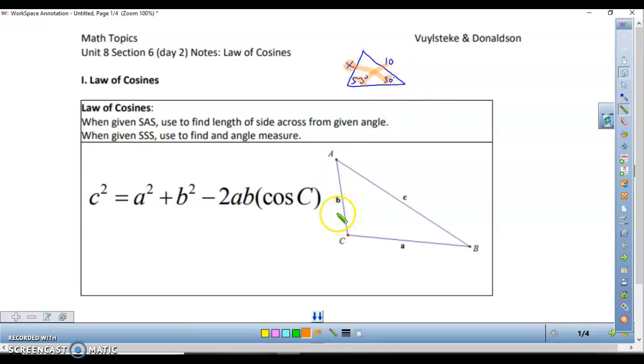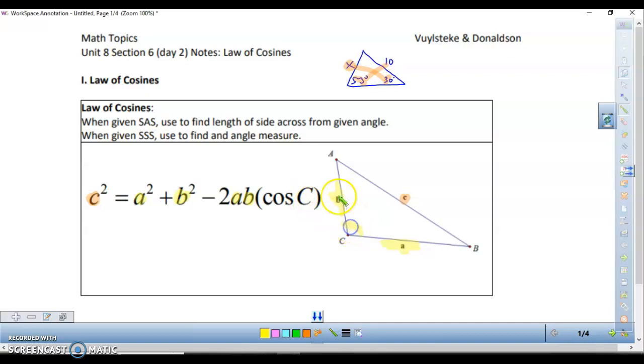What we're going to do today needs a different relationship, called the law of cosines. In just a minute I'll show you what that relationship is, but you essentially have two choices. If you want to find a missing side length, we want to solve for c squared. Here's my little c here. We would need to know a, which is this side, b, which is this side, and then the cosine of C. And remember, this capital C represents this angle here.